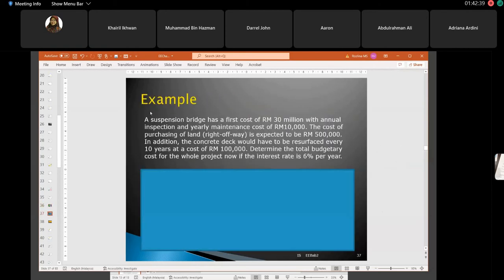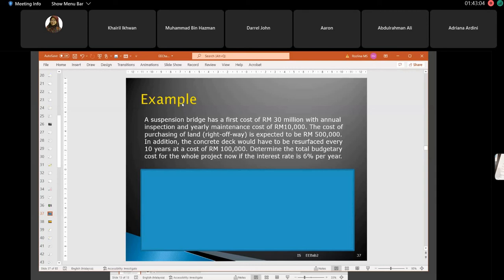Okay, look at this example. A suspension bridge has a first cost of 30 million ringgit with annual inspection and yearly maintenance cost of 10,000 ringgit. The cost of purchasing land right of way is expected to be 500,000 ringgit.